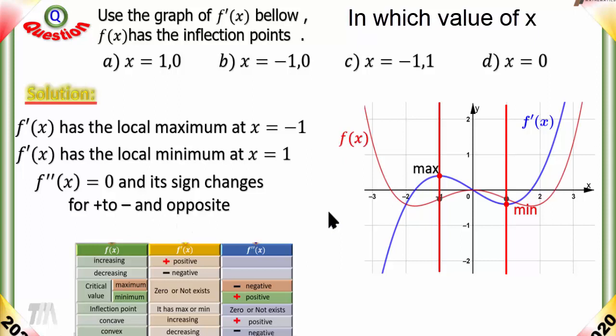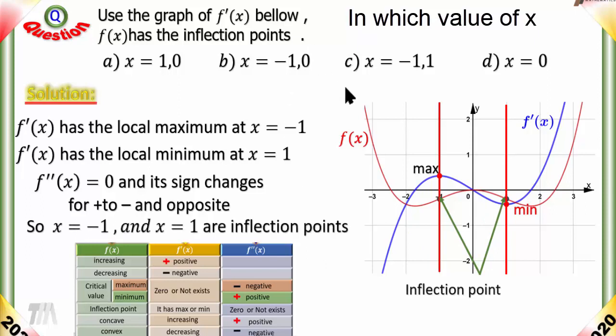So f of x has two inflection points, one at x equal to minus 1 and the second one at x equal to 1. That means C is a correct answer.